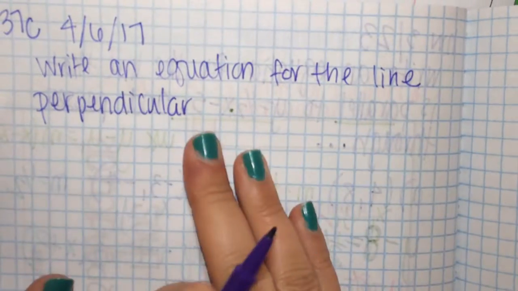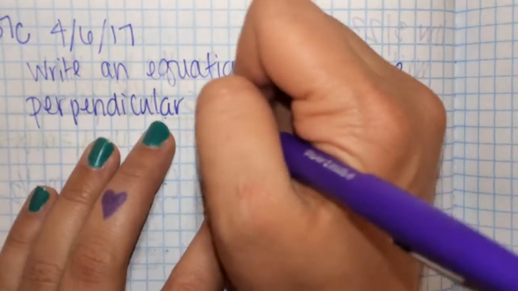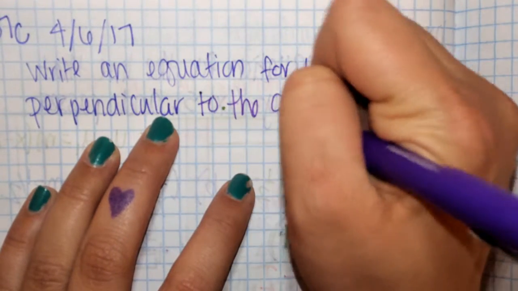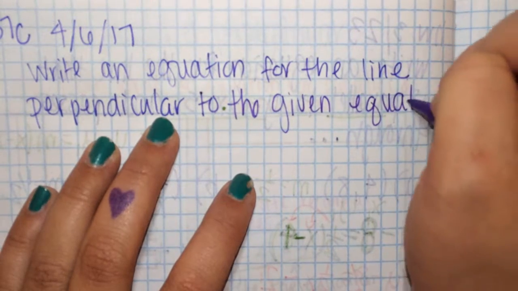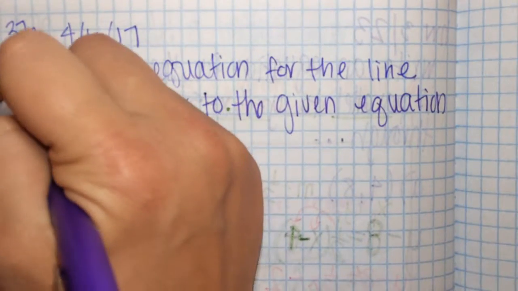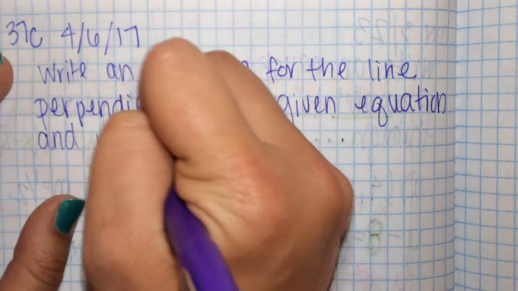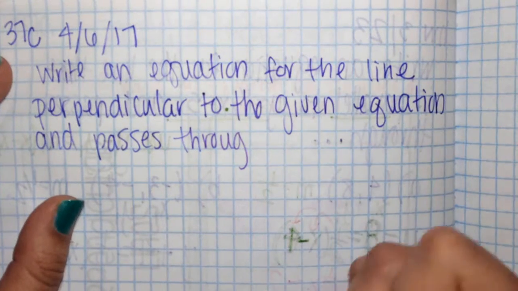And they have what kind of slope? Awesome. Write an equation for the line perpendicular to the given line, the given equation, and passes through. It's a sentence.